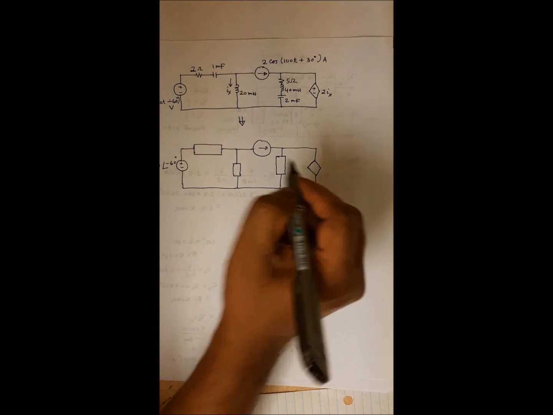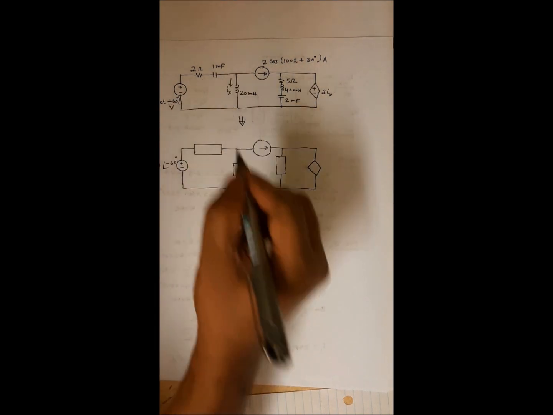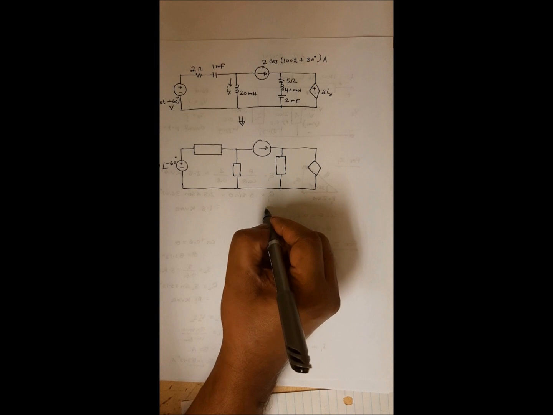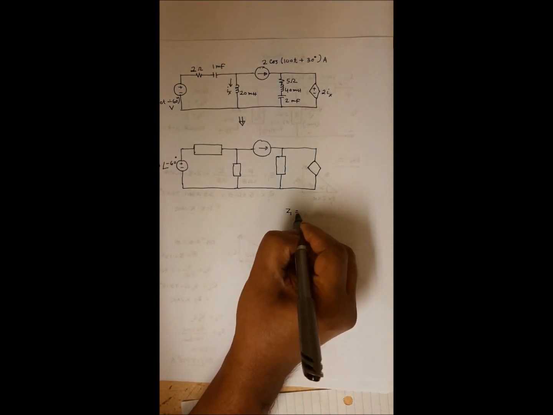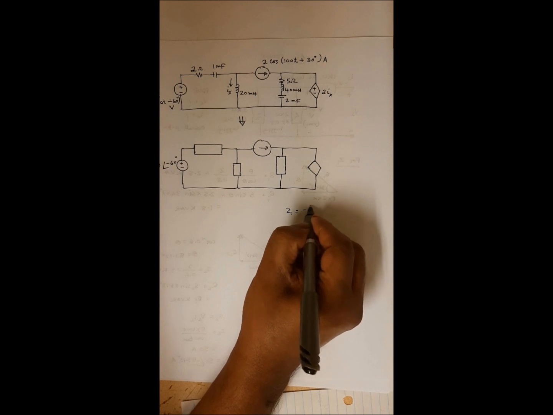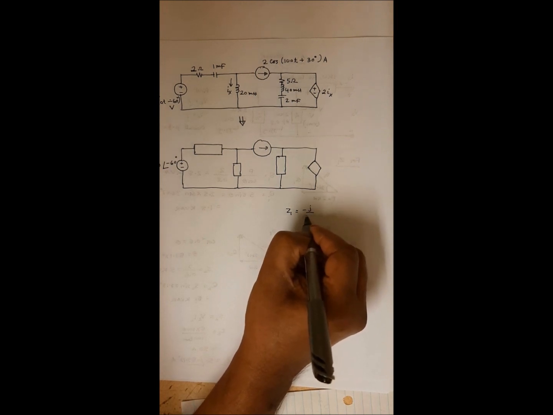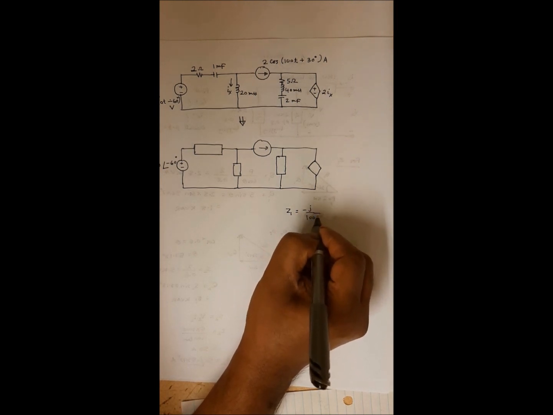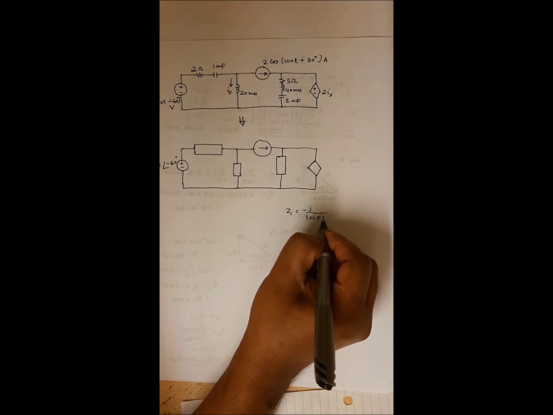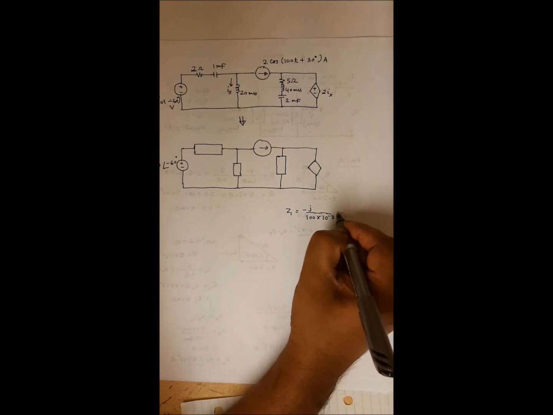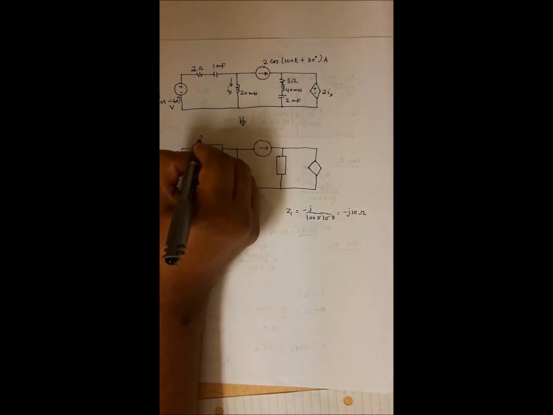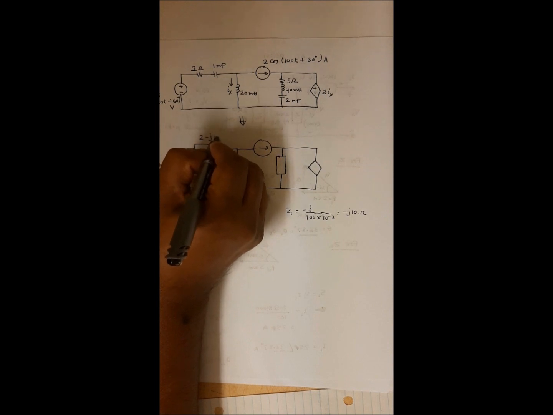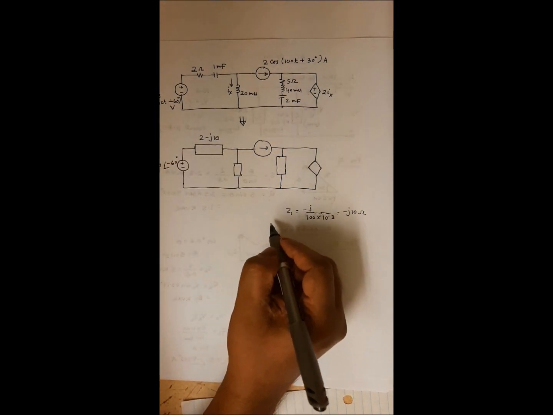At first you see here we have 1 millifarad. The impedance of this, let's say Z1, is negative j omega C inverse. Omega is 100 and C is 1 millifarad, 10 to the power negative 3. So that will be negative j10 ohms.